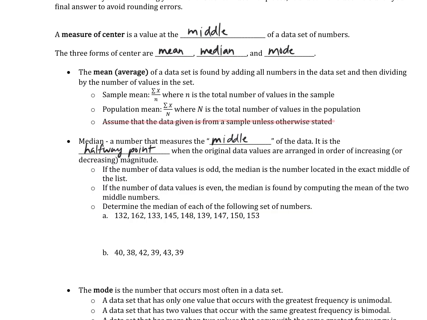So determine the median of the following sets of numbers. So what do you have to do first? Put them in order from least to greatest or greatest to least. Generally, we do least to greatest.